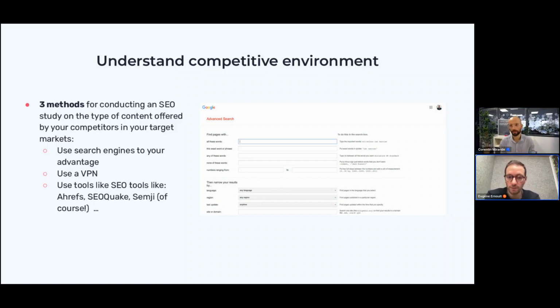Yeah, as you said, there are quite a lot of tools. So Ahrefs, we know SEO's Quake also, with which you can decide for which Google search, based in France or based in Italy or based in the US.